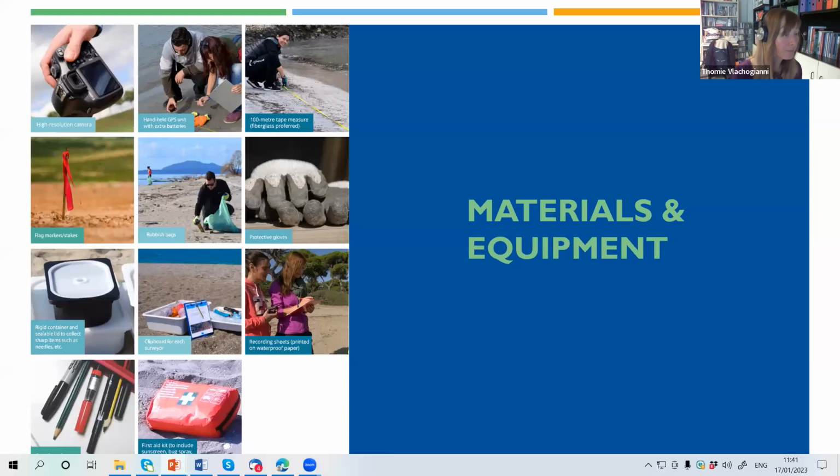Regarding the materials and equipment, these are very robust and simple items that can be easily purchased.